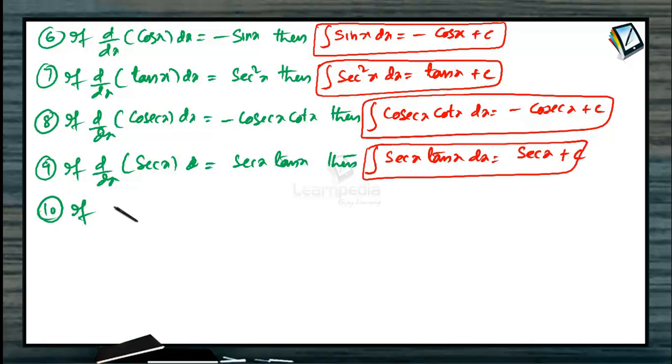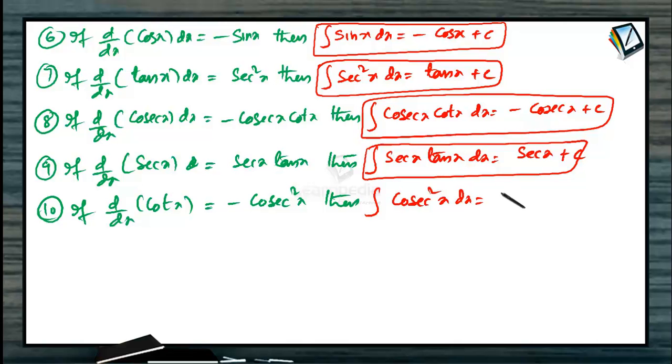Next, tenth one is, if d by dx of cot of x is equal to minus cosecant square x, then integral of cosecant square x dx is equal to minus of cot of x plus c.